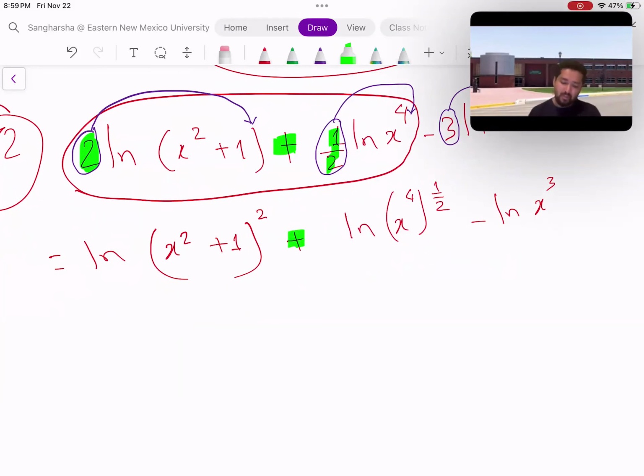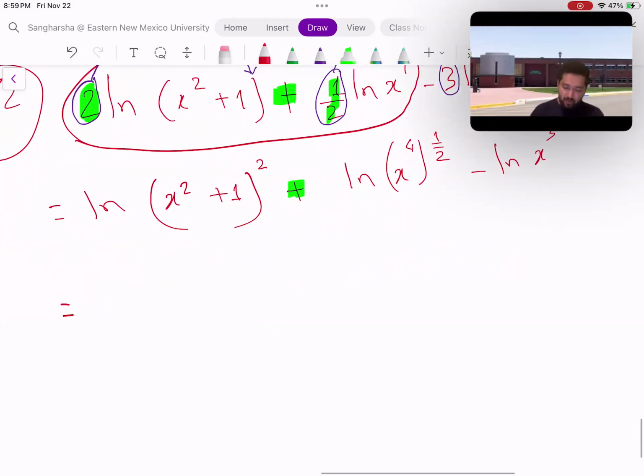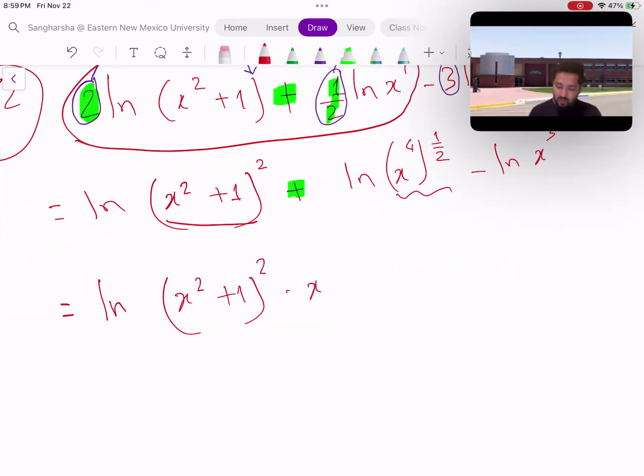Now, yes, we can use that property, and according to the property, we can write this as a log of a product. So you write this expression, (x squared plus 1) squared, times this expression, x to the power 4 times 1/2, which is x to the 1/2. So you can simplify, minus ln of x cubed.